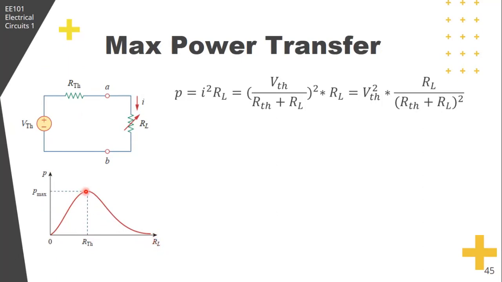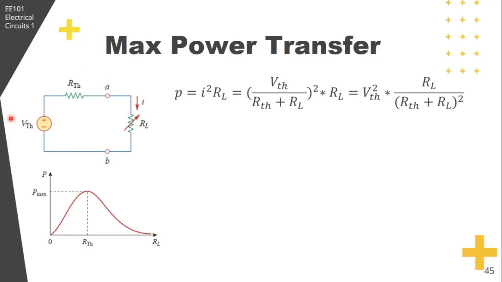Well, as shown in this graph, RL should be equal to RTH. At this value of load resistance, the circuit delivers maximum power.